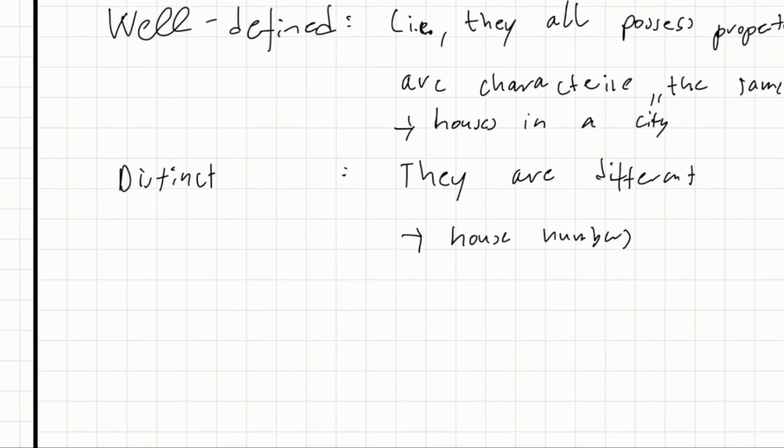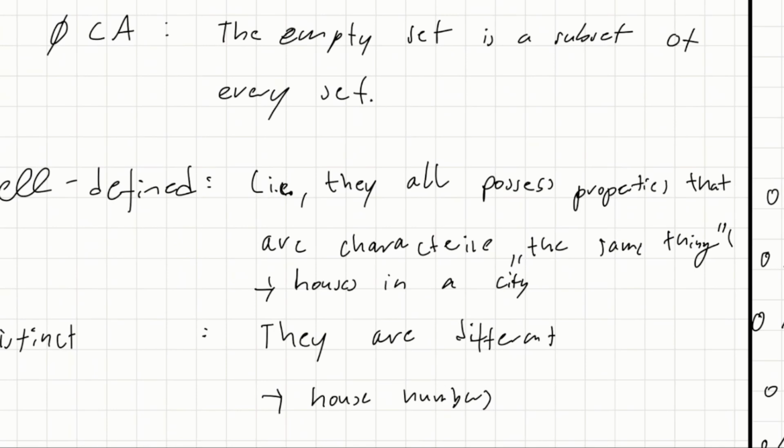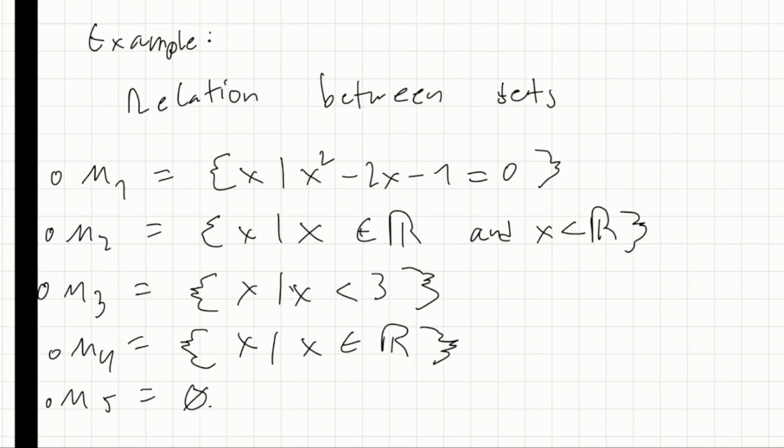So they are different. All these houses, for example, have different house numbers, or not all have different colors, but some are white, some are black, whatever. So there are differences between those elements. This is important if you try to describe a given set.